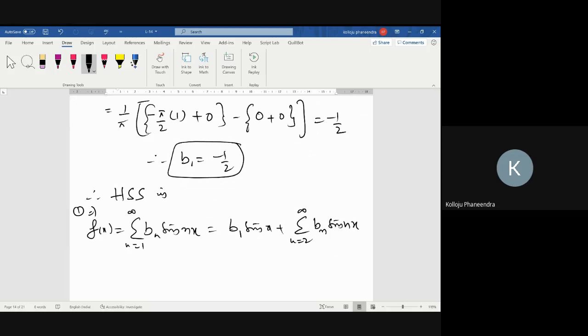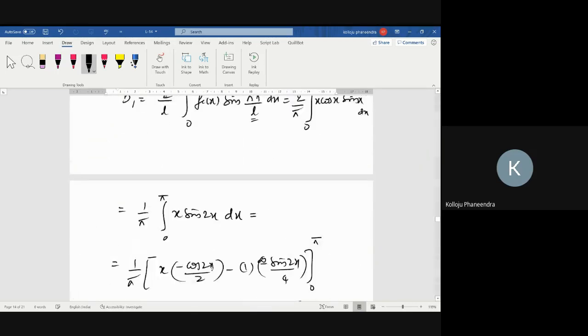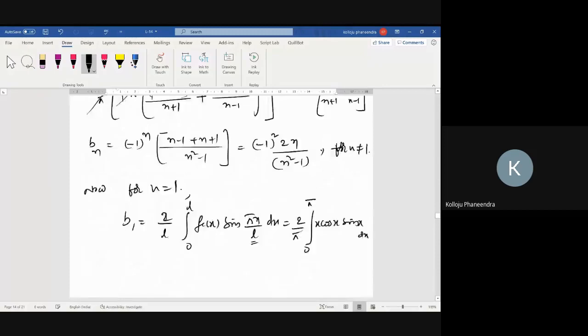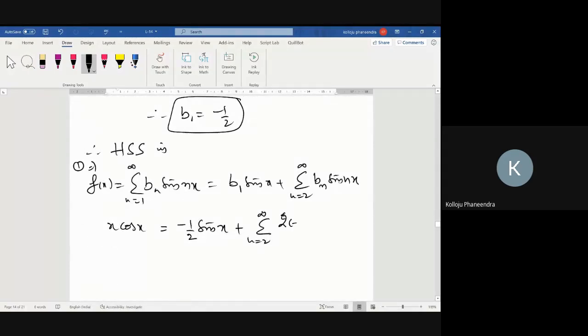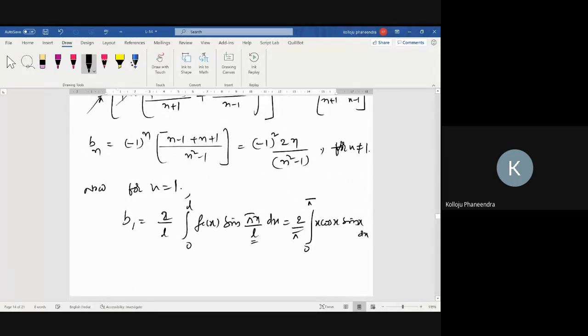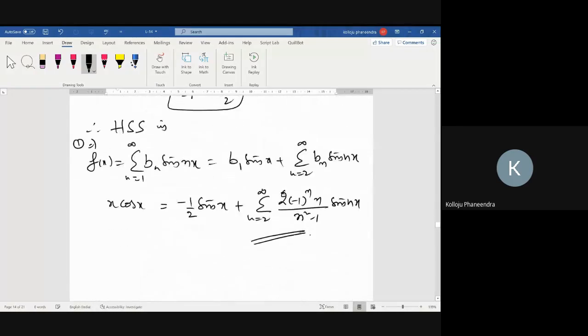So x into cosine x expansion is minus 1 by 2 sine x plus summation n equal to 2 to infinity, bn is minus 1 whole power n, 2 into minus 1 whole power n by n square minus 1 sine nx. This is the answer. Bn expression correct? 2n into minus 1.